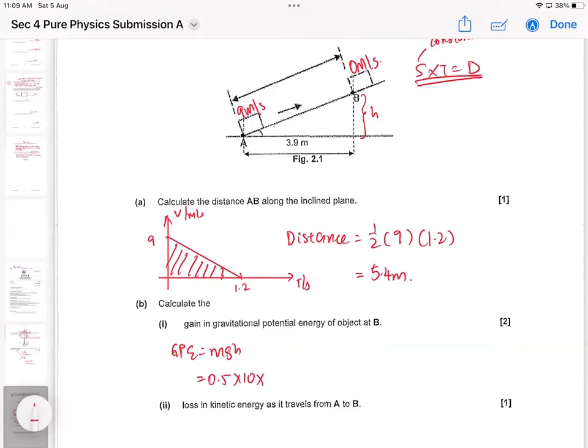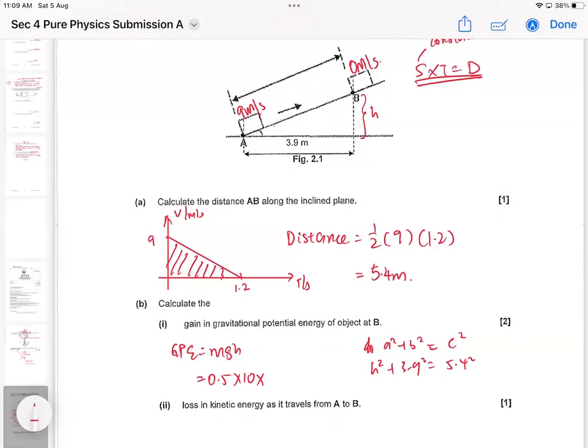So Tiffany's concept is correct, but because of the wrong 5.4, it's all wrong. We have to do Pythagoras theorem, right? So 5.4 squared equals h squared plus 3.9 squared. Okay, we're not going to do the math here.